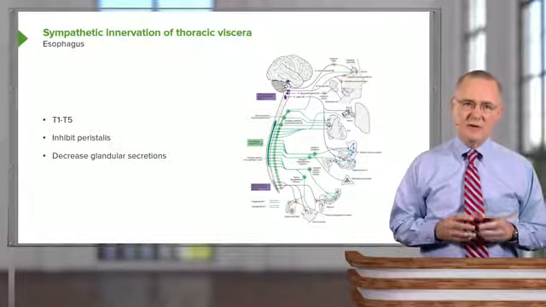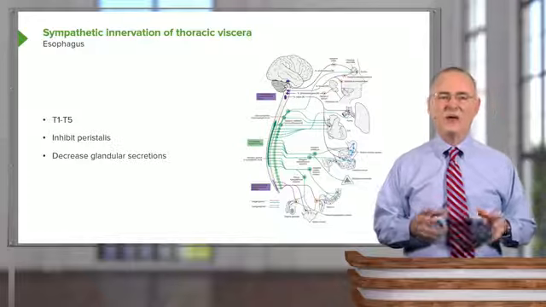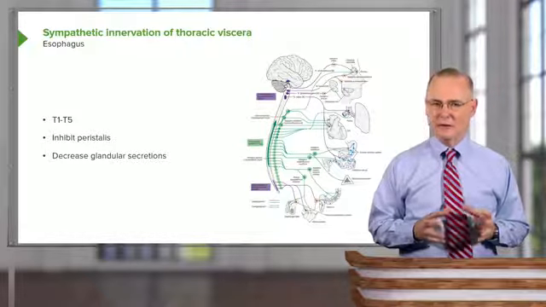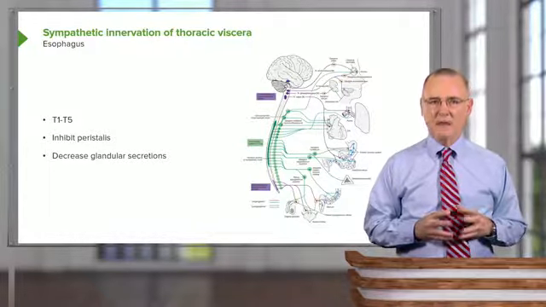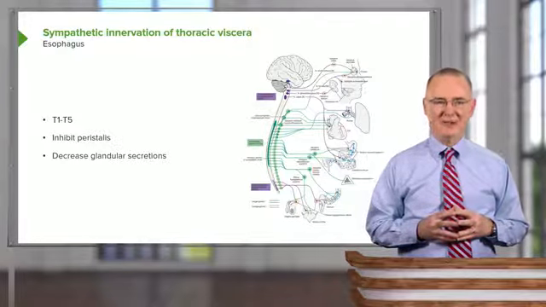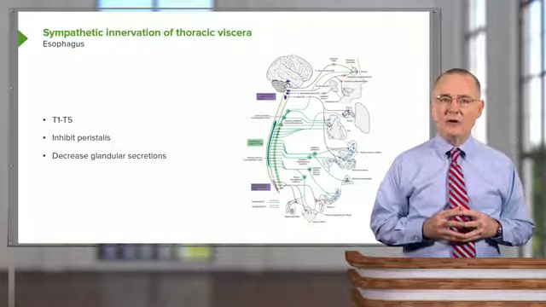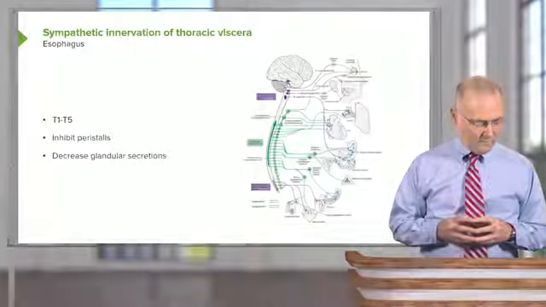Sympathetic innervation of the esophagus inhibits peristalsis, just the opposite of what the parasympathetics do, and sympathetics will decrease glandular secretions that are coming from the esophagus.